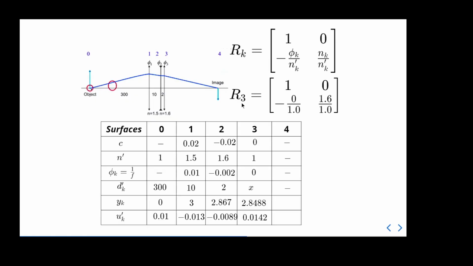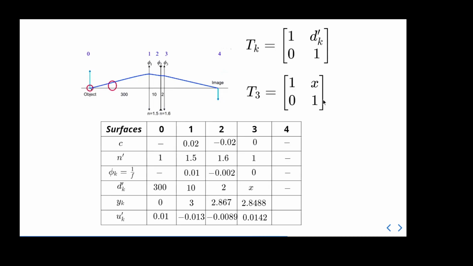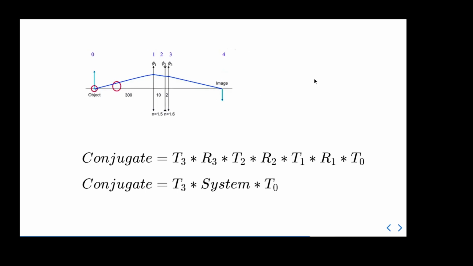And we have defined T2, and similarly T3, you could try this for yourself. This becomes 0 because the power is 0, and before the surface the refractive index is 1.6, and after it is 1, so it's 1.6. And T3 is the x which we need to find.